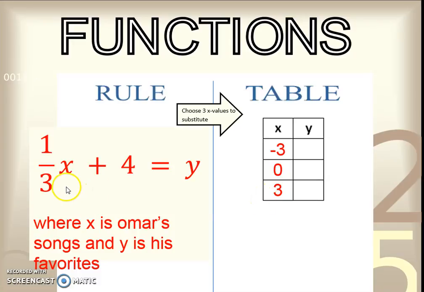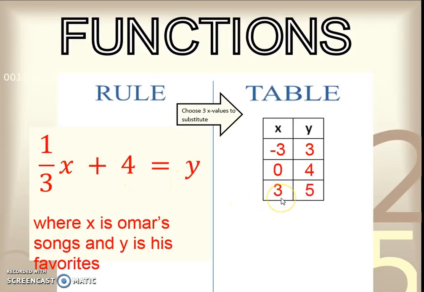And when we substitute each one of those values in for x and evaluate the statement, we end up getting, when we plug -3 in and evaluate, we get that y equals 3. When we substitute 0 in, we get that y equals 4, because 1/3 times 0 is 0. 0 plus 4 is 4.